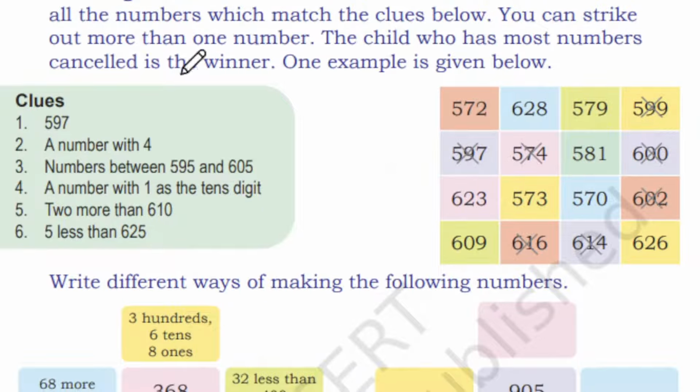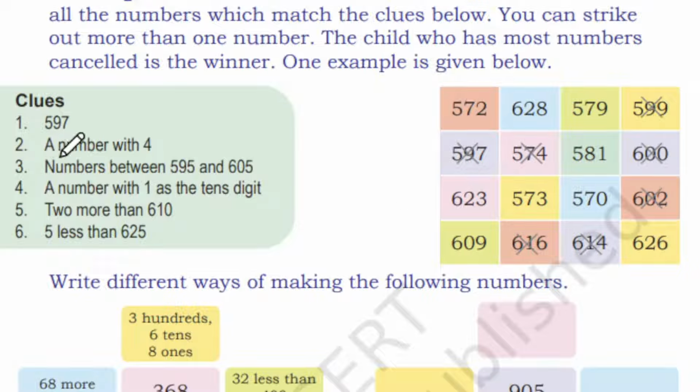Okay. So these are the clues. For example, 597. So 597 is here. You have to find it and strike that out. The next one is a number with 4. Which number has a 4? For example, 574 is here, and you have to strike that number out.